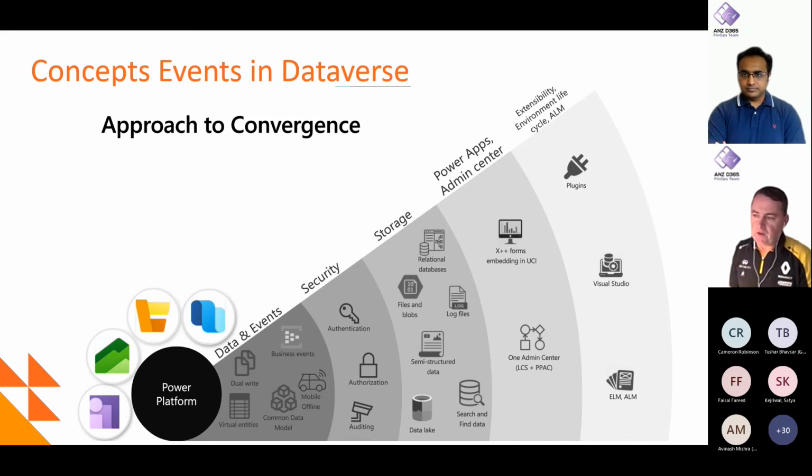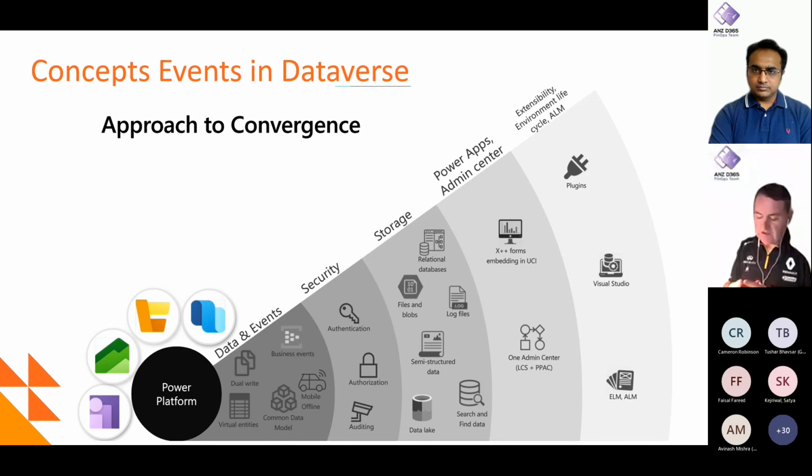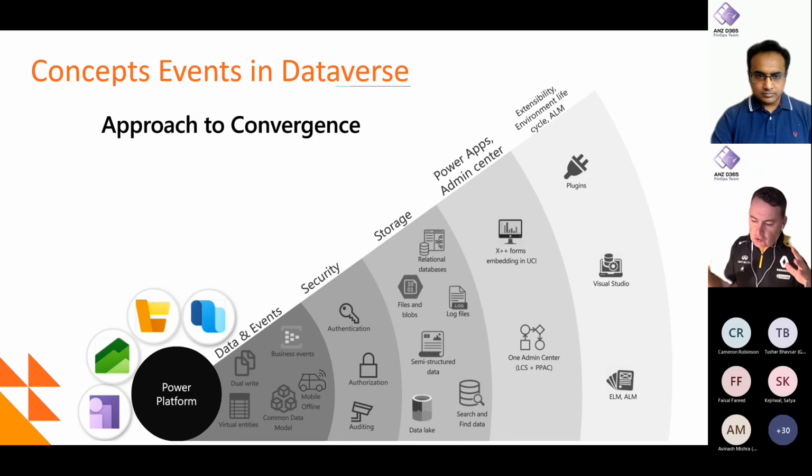And a really good way of looking at convergence is how do we bring the business applications within D365 closer, get closer alignment to the Power Platform. That's essentially what convergence is about.